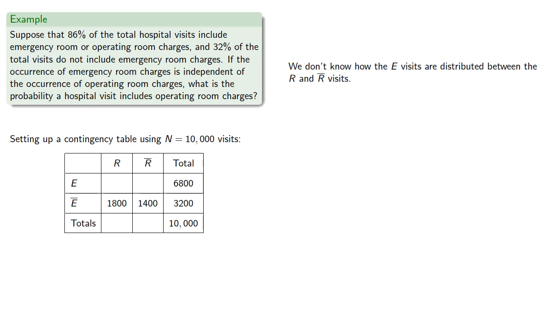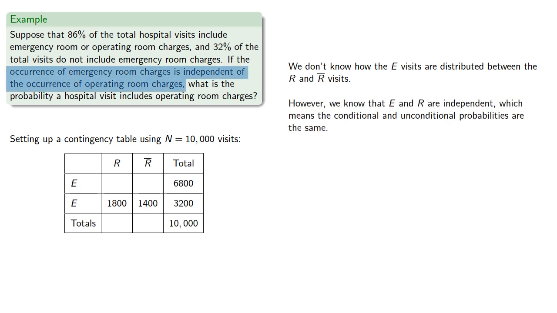Now, we don't know how the emergency room visits are distributed between the operating room and non-operating room visits. But we know that they are independent, which means the conditional and the unconditional probabilities are going to be the same.